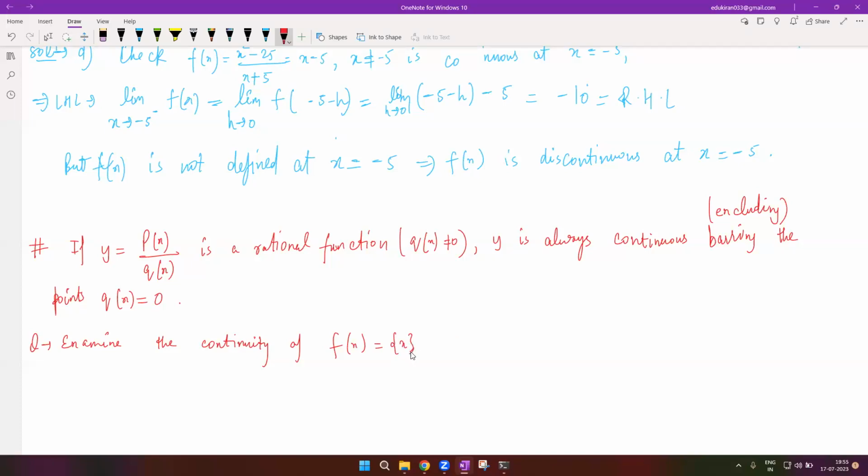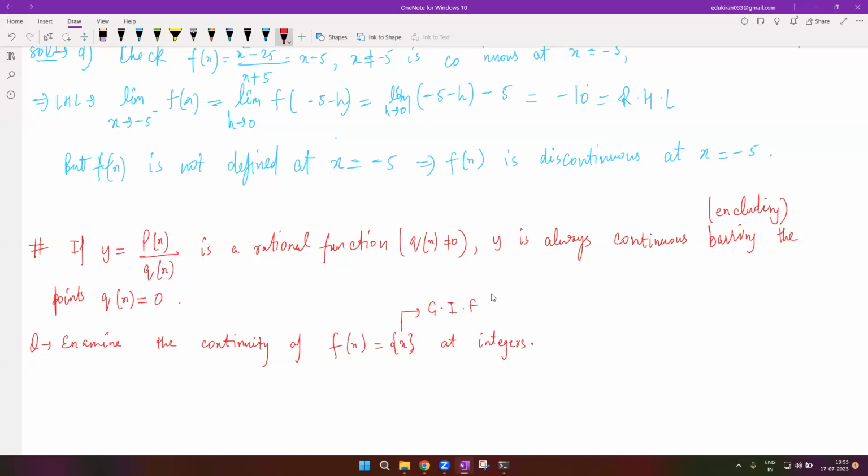Do you know about this function? Does anyone know about this function? Okay, so this is known as GIF, the greatest integer function.